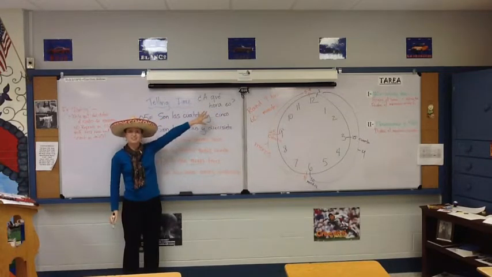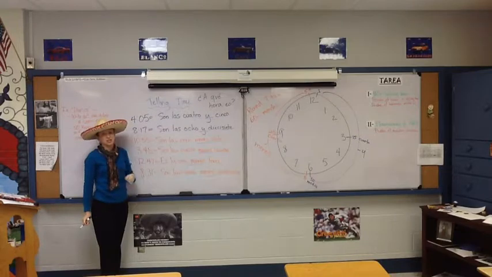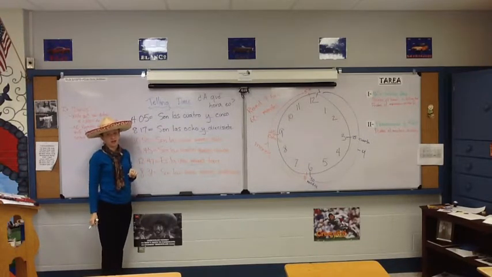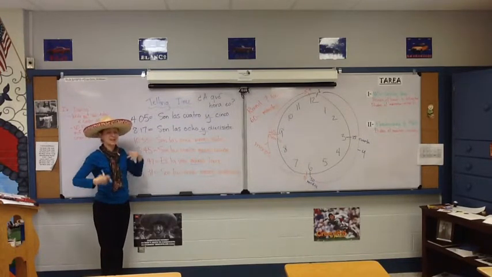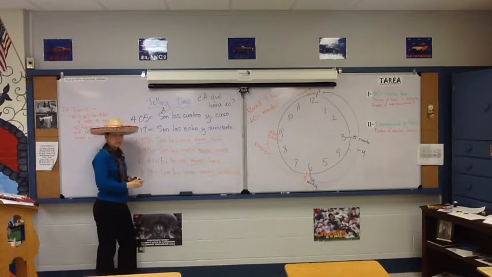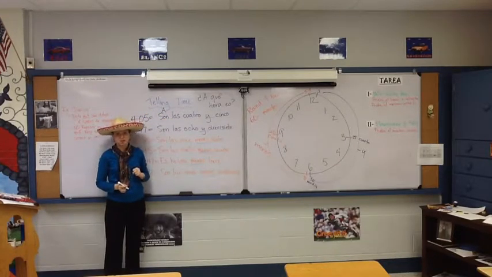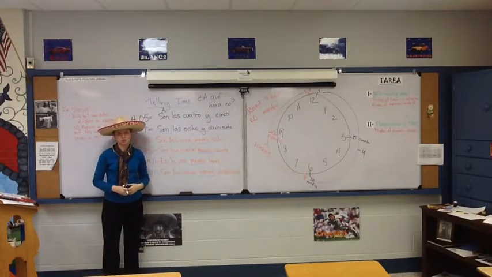the answer will change a little bit. Instead of saying son las 4:05 to say it is 4:05, we want to say something happens at 4:05. We say a for at. If you say a las 4:05, that means at 4:05.